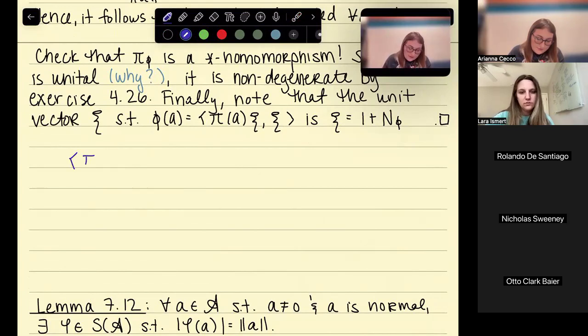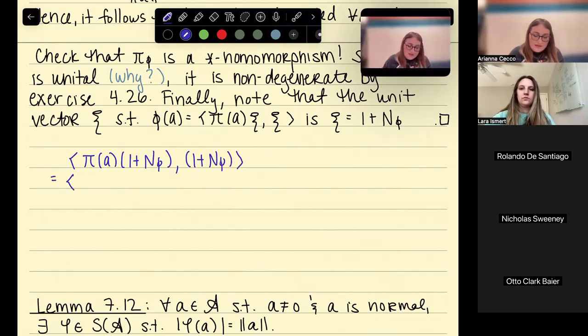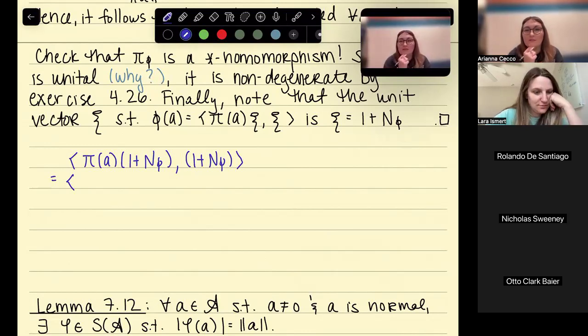So if we have pi of A applied to 1 plus n sub phi, inner product with 1 plus n sub phi, how is the left-hand side, or what is the first coordinate going to reduce to? Could you guys tell me in the chat? How do we rewrite what's in the first coordinate?